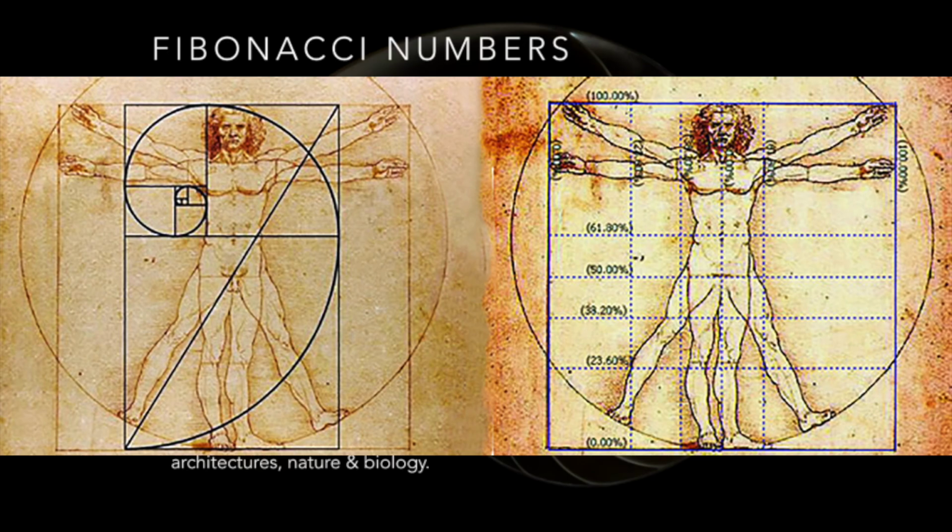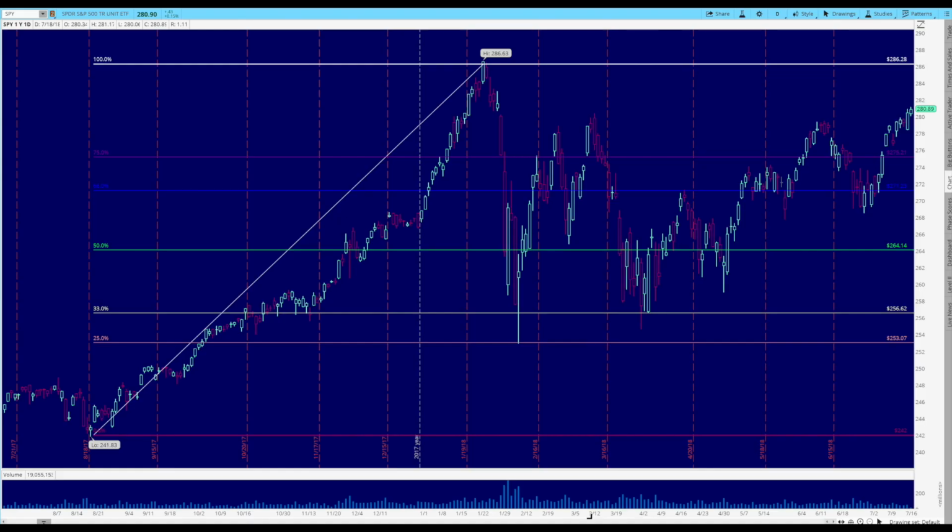Even from elbow to fingertips, a lot of times you will get 0.618, meaning if you take the total length of your arm and divide it by the length from elbow to fingertips, you also get 0.618.